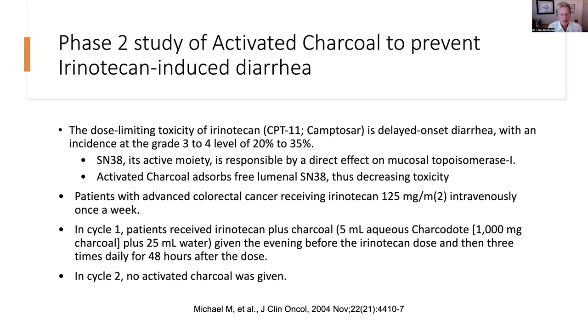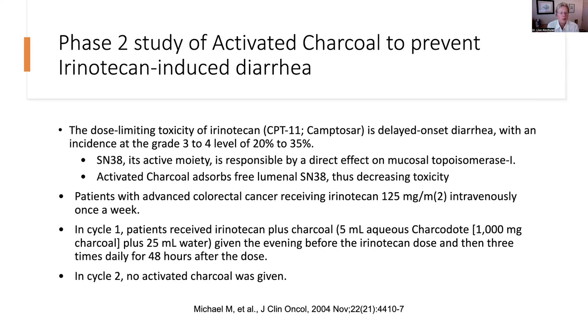Now, moving down the digestive tract a little bit, there's a specific chemotherapy called irinotecan. It's also referred to as CPT11 and even Camptozar. I know, super confusing, three names for the same chemo. But one of the things that happens with irinotecan is that there can be this very severe diarrhea that develops. And this can happen in about a third of the patients getting this chemotherapy.